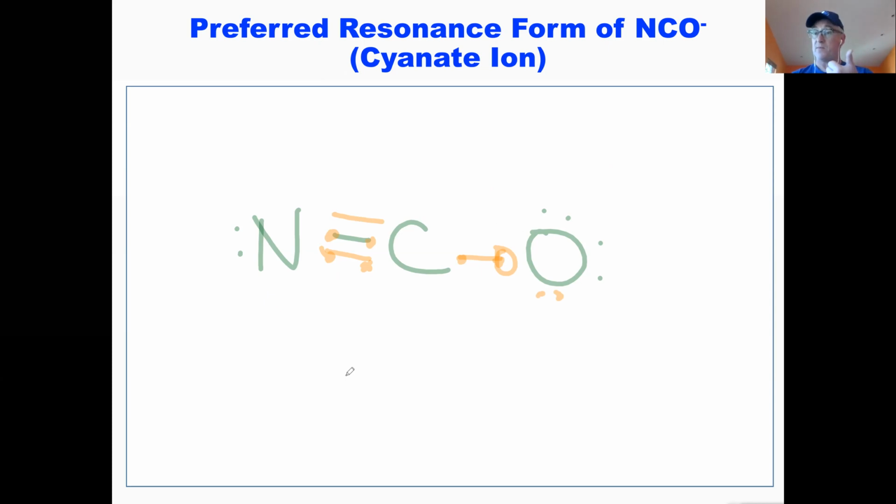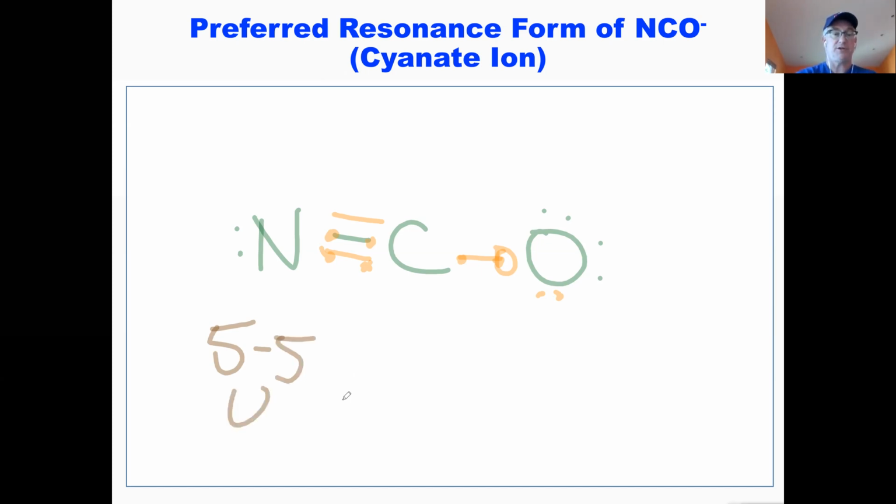So what are my charges this time? Nitrogen should have 5 valence electrons. How many does it have here? 5. It has the lone pair, that's 2, and 3 bonds, 1 from each bond, that's 5.